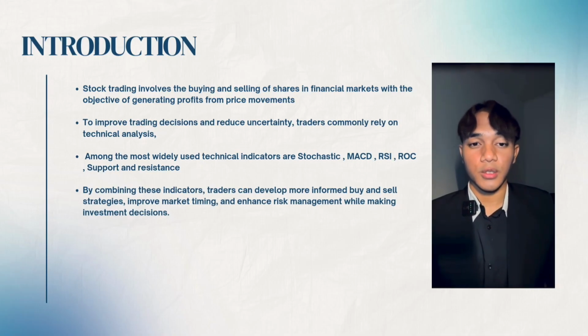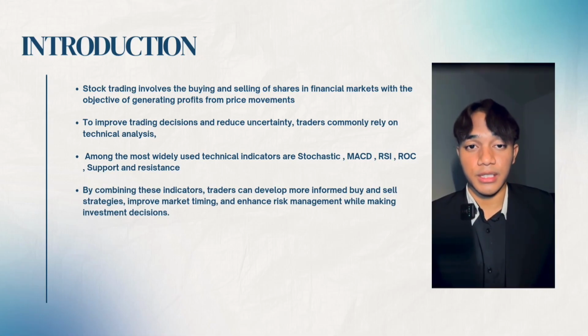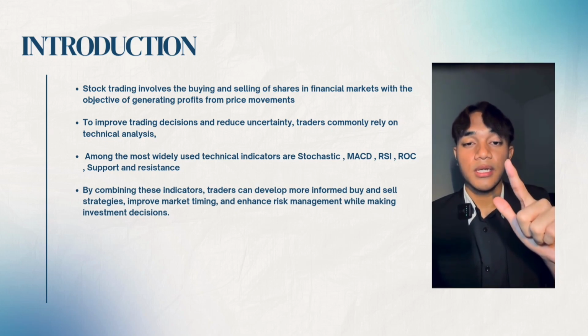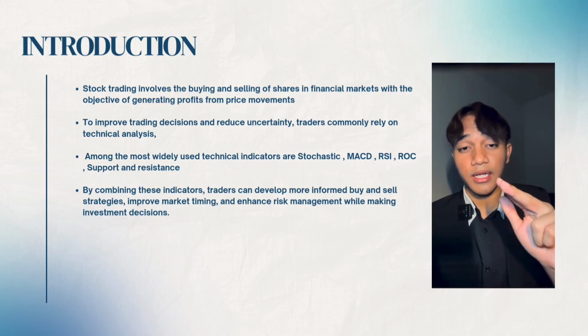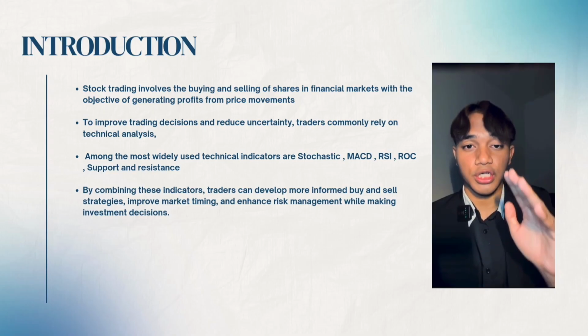In this presentation, we will be explaining all the indicators available and how to use them to determine the perfect time to purchase or sell stocks. There are 5 main indicators that we will be learning. The first indicator is stochastic, the second is MACD, the third is RSI, the fourth is support and resistance, and the fifth is rate of change.